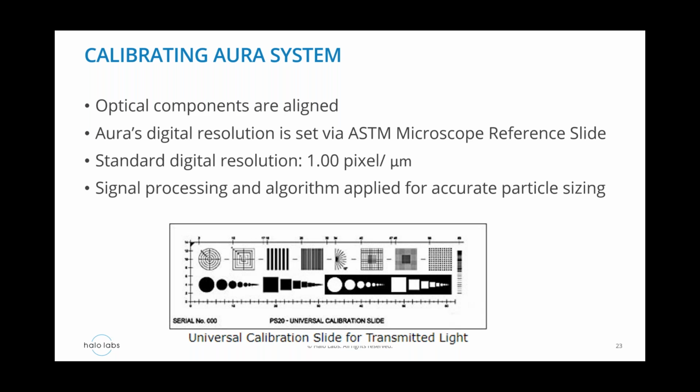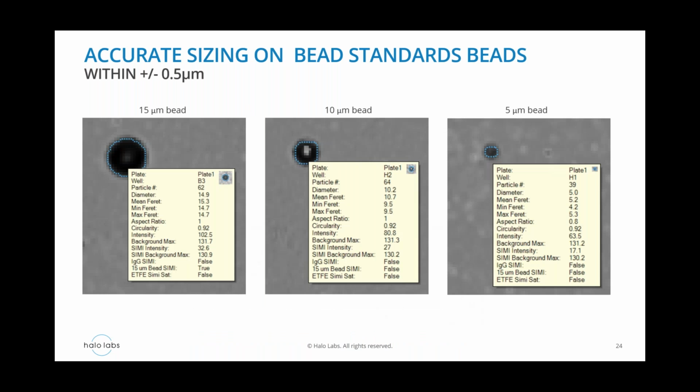And then there's our own proprietary signal processing algorithms for accurate particle detection. We verify that, in fact, we're measuring correctly by using bead standards. Typically, we're within half a micron of a given bead, and here we show a 15, 10, and 5 micron polystyrene microsphere standard. You'd have measured within that range. So it does perform accurate sizing on beads.